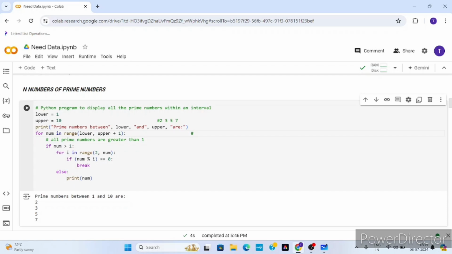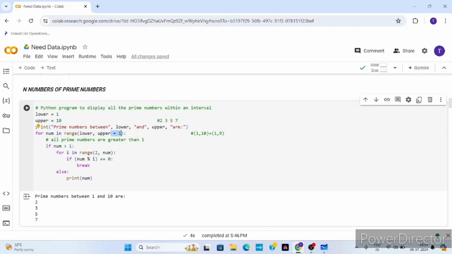If I use 1, 10 like this, the Python interpreter will consider this as 1 to 9. So if I want to take the last value 10 also, I just need to add 1, and that's why I add plus 1 here.